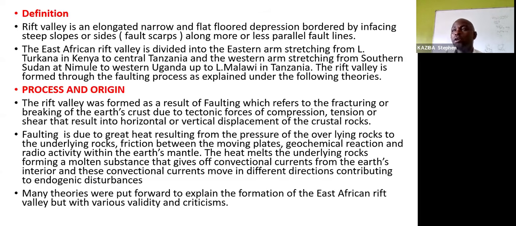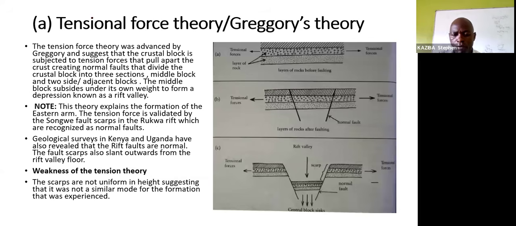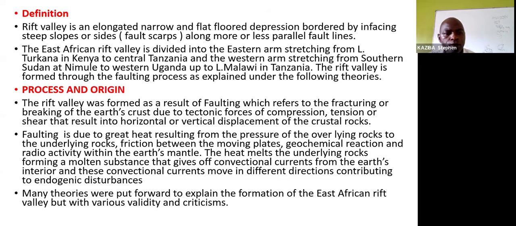Then automatically you give us the origin of faulting. Like I told you, talk about the geophysical, the geochemical, the radioactivity, which leads to the generation of heat in the mantle, which leads to the melting of rocks in the mantle into a molten state.